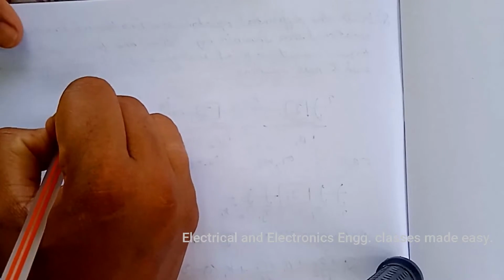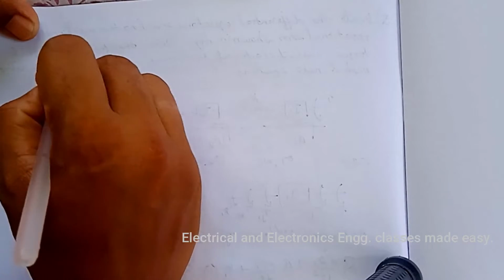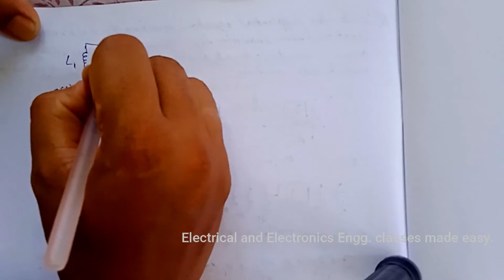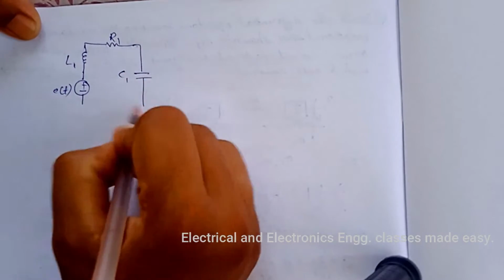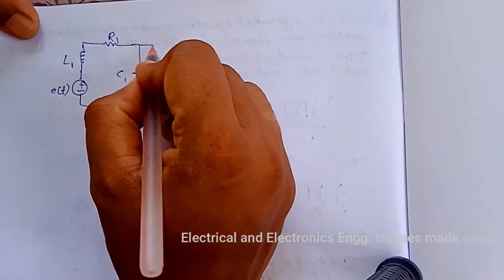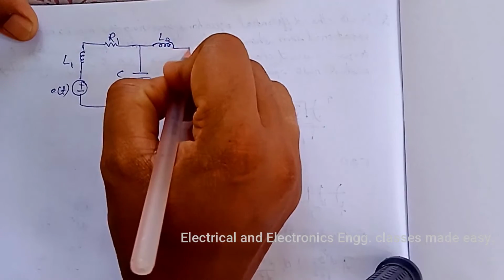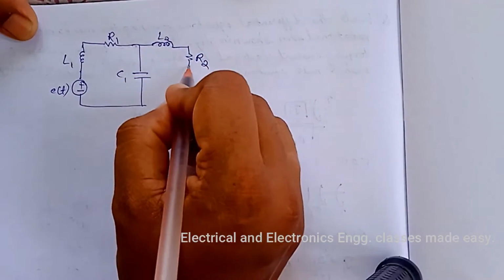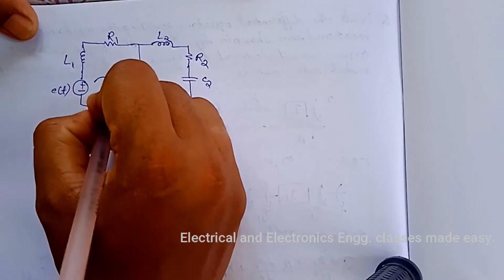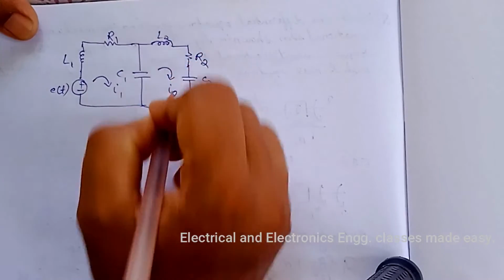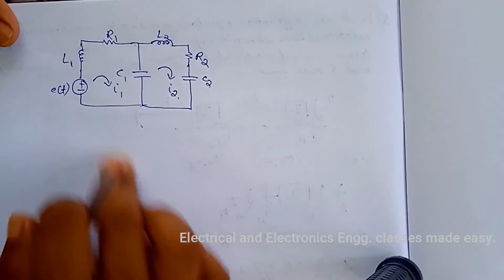So there is the voltage source, then L1, then R1, then the common element C1, then in the second closed loop there will be L2, then R2, then C2, then the current is I1 and I2. So this is the torque voltage analogous circuit.